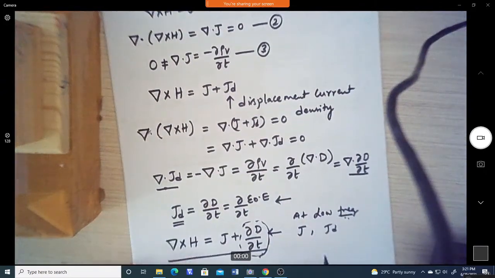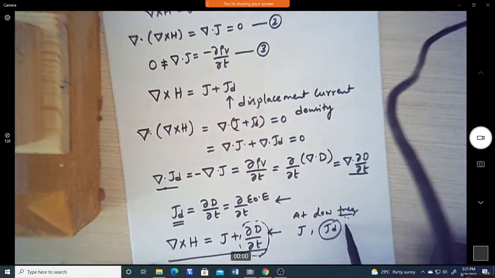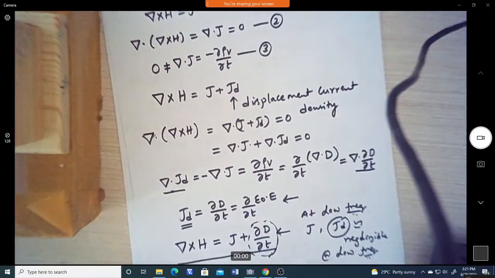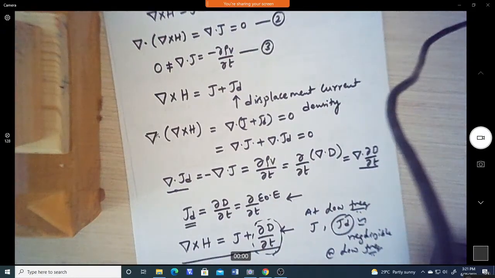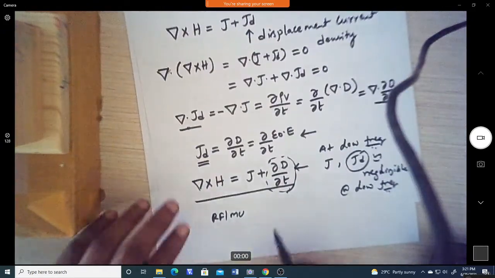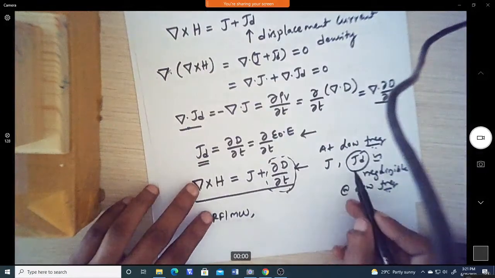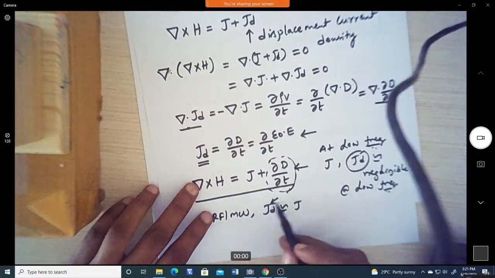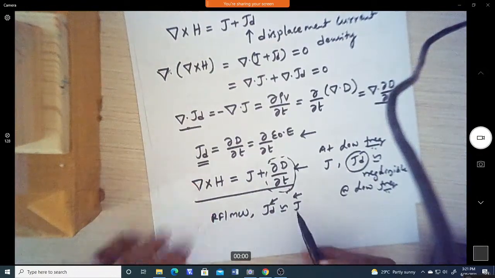That's why JD is almost negligible at low frequency. But when we go to higher frequencies, that is RF and microwave frequencies, JD is comparable to the conduction current.